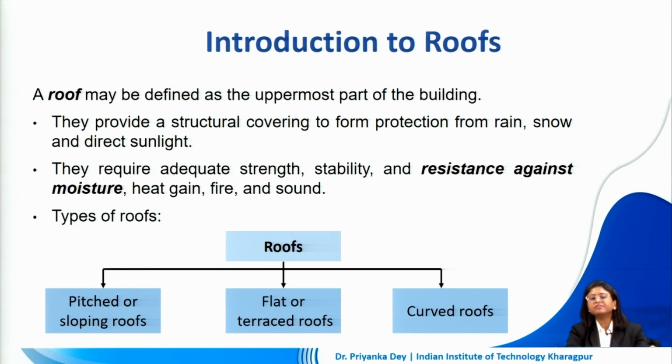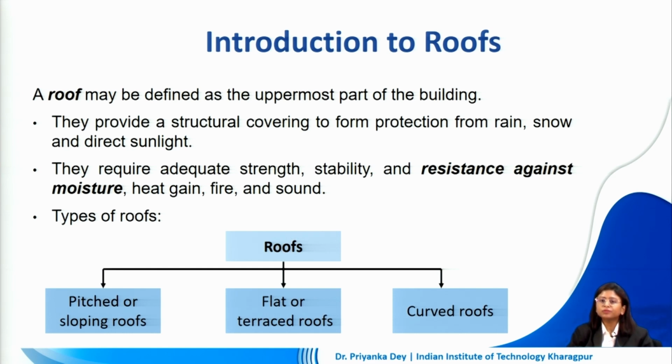A roof may be defined as the uppermost part of the building. They provide a structural covering to form protection from rain, snow, even direct sunlight. They require adequate strength, stability and resistance against moisture, heat gain, fire and of course soundproofing is also required at the roof level.